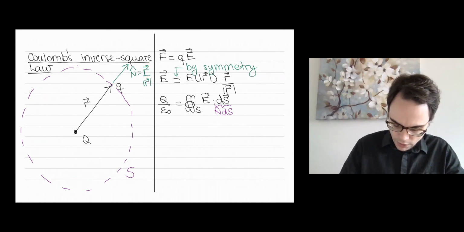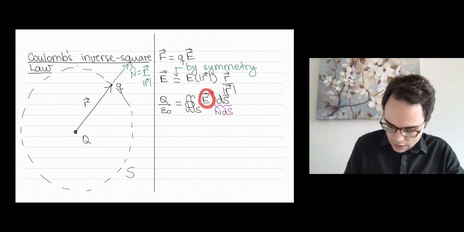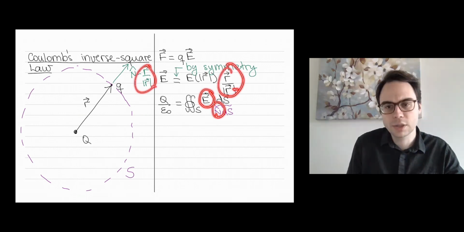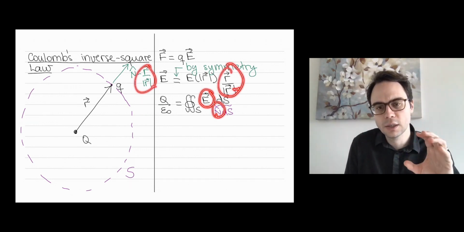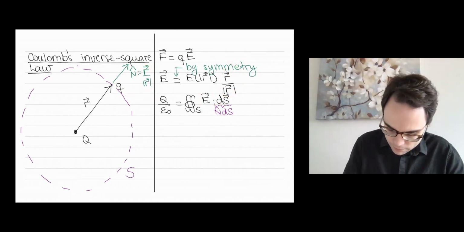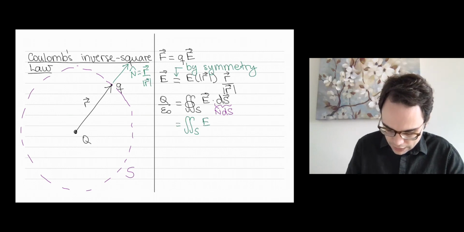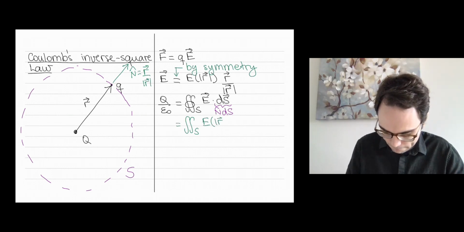So n is r hat. And when I combine these two things, if I do E dot n, I do the dot product, I get the length of a unit vector squared. That's 1 times the double integral over S of this scalar times dS.